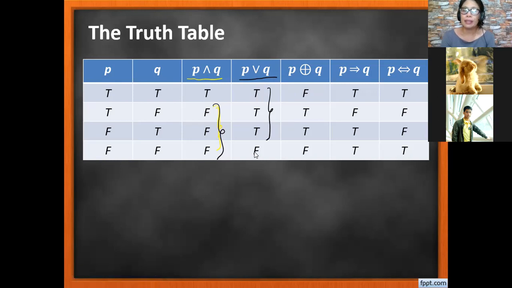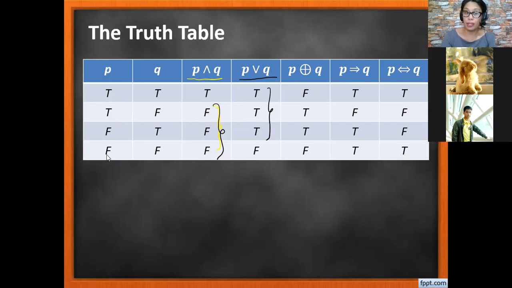So, if either of the statements is true or both statements are true, then P or Q is true. So that's why in here, both statements are true, so we come up with P or Q to be true. And with the second and the third row, either of the statements is true, so we come up with P or Q equal to a true statement.